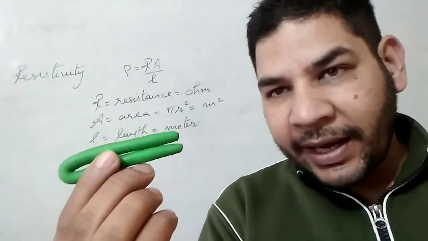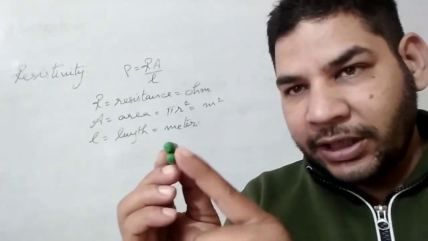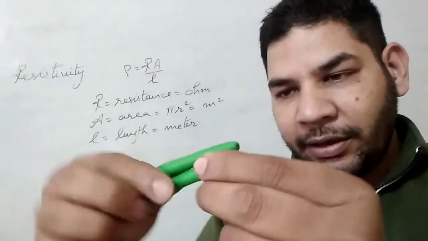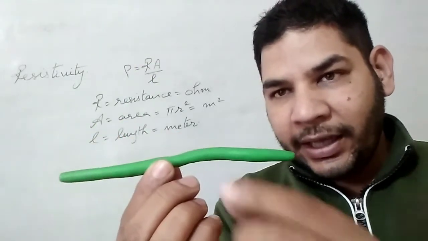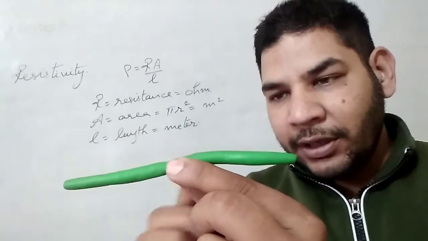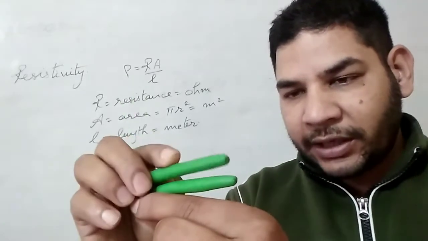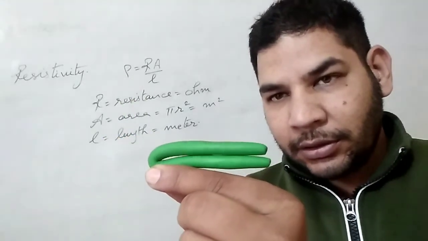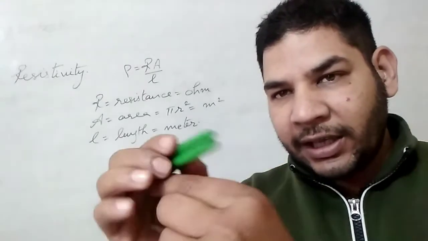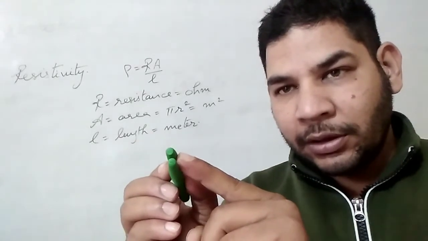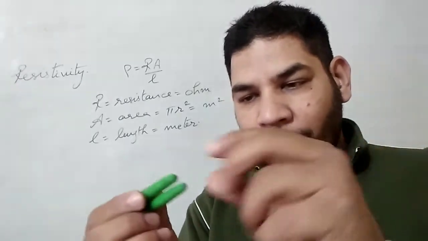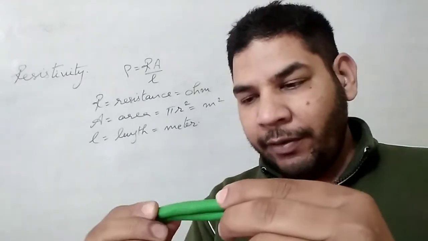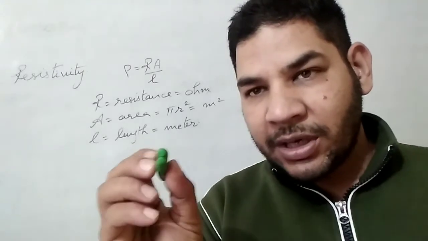If we make the length half, the area increases. If I am folding this conductor like this, the area becomes double. Don't get confused about why the area is getting double. From this clay model, we will understand why.